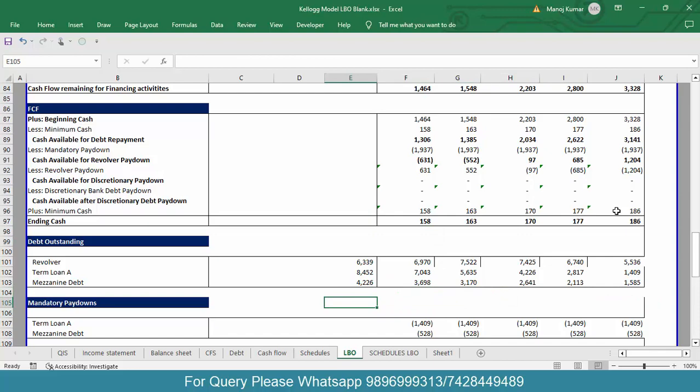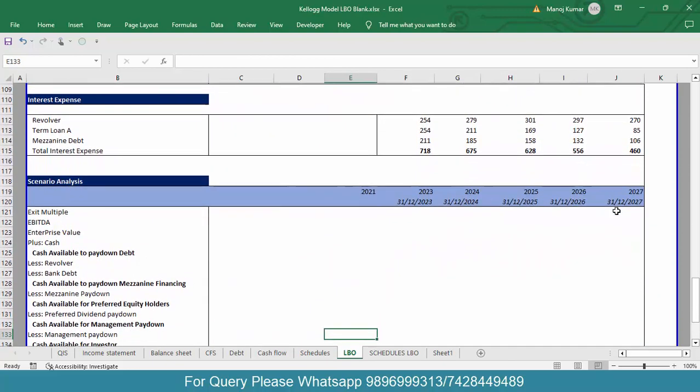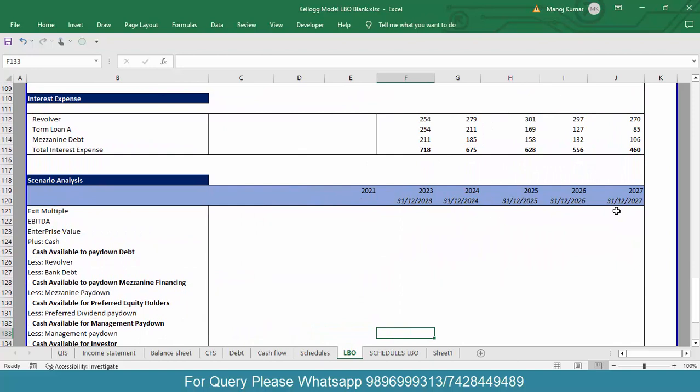Let me delete this. Now we are coming here, and here we want to calculate the IRR, and the IRR will be calculated based on the cash flows left to the equity owners. To calculate that cash, we need to calculate how much cash we are going to receive if we sell the company.